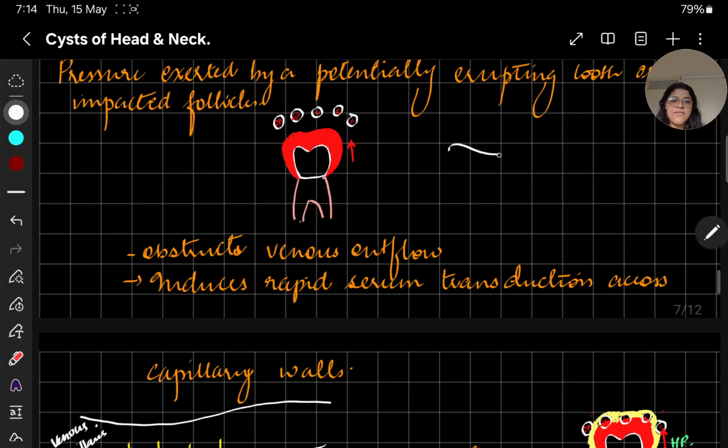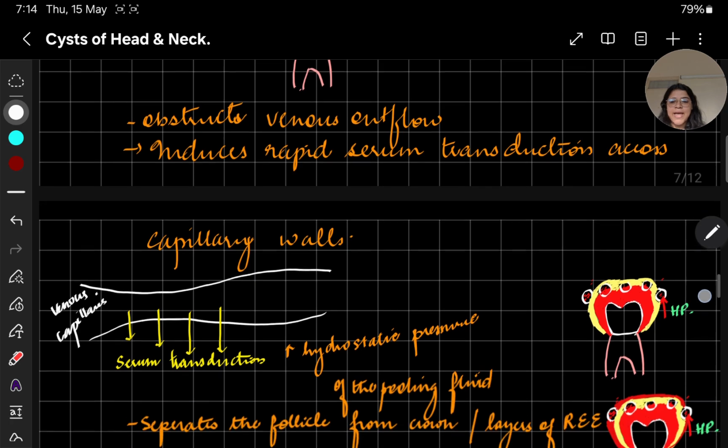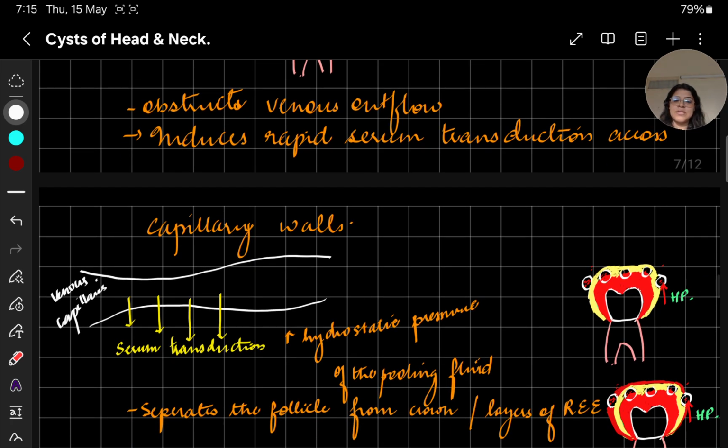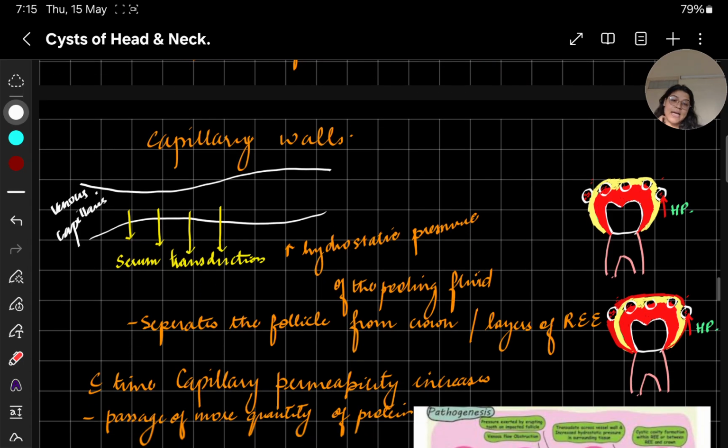If you have a capillary which is obstructed, it induces serum transudation across the capillary walls. This will increase the hydrostatic pressure of the pooling fluid, which separates the follicle from the crown or the layers of the REE.